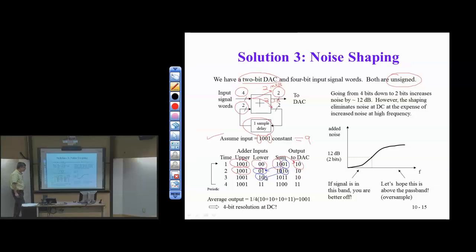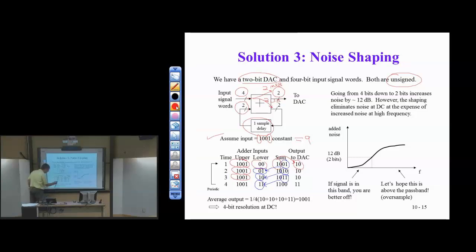Next time step arrives, we read the new input value. Well, the new input value is the same as the old input value. We add those together, we now get 11. So we take the upper 2 bits, that goes to the DAC, and the lower 2 bits are fed back for the next quantization operation.